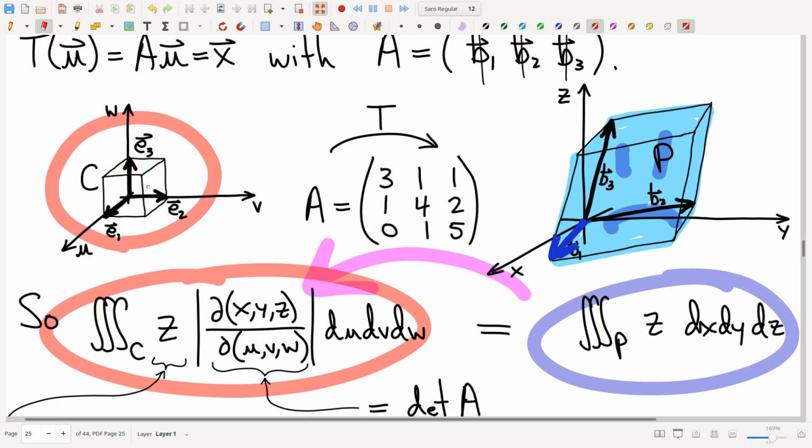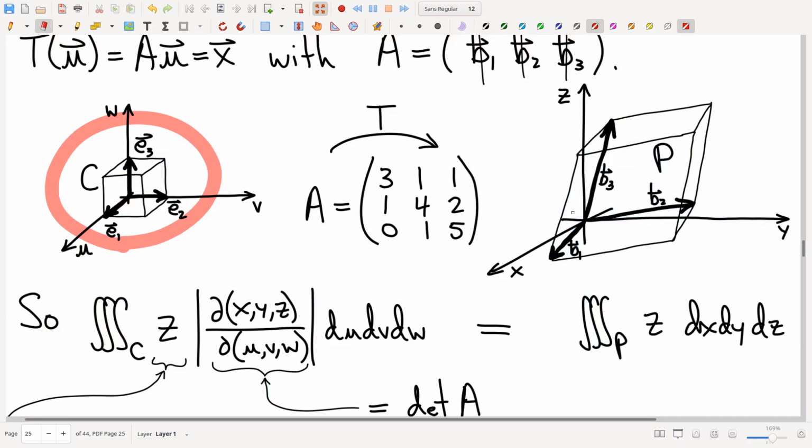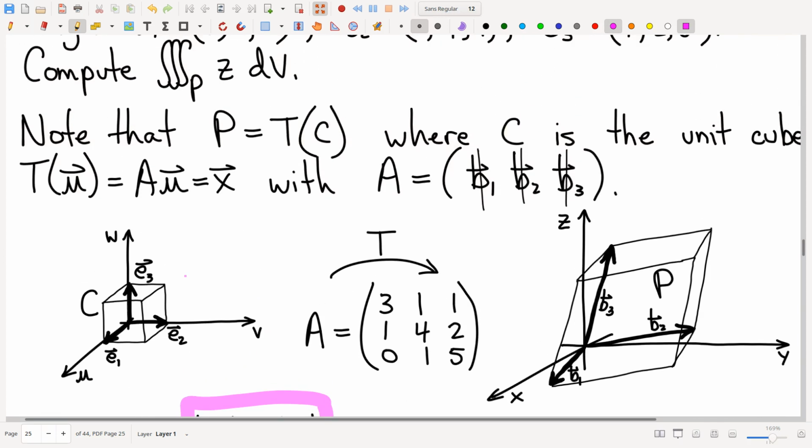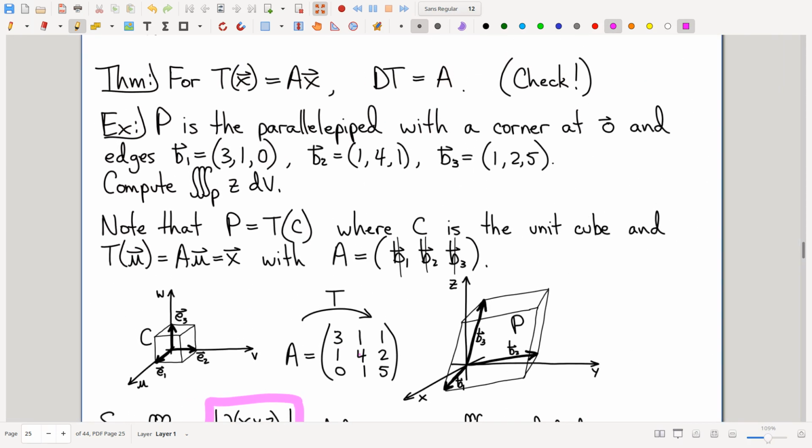Okay, real slick move. Now, do make sure to remember, of course, that when you do this, you have to include your stretching factor. Your stretching factor is the absolute value of your Jacobian determinant. Don't forget our little preliminary theorem here.